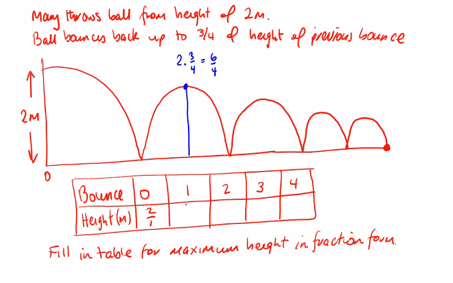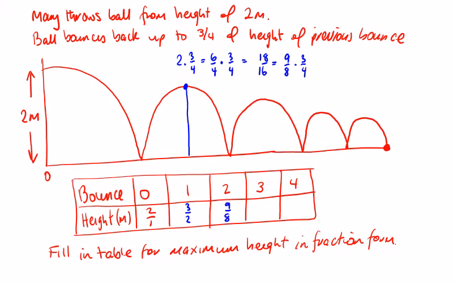So 6/4 or 3/2. Again, we multiply 6/4 by 3/4. We're going to get 18/8, which is 18/16, not 18/8, 18/16, 4/4, which is 9/8. 9/8. Multiply 9/8 by 3/4.